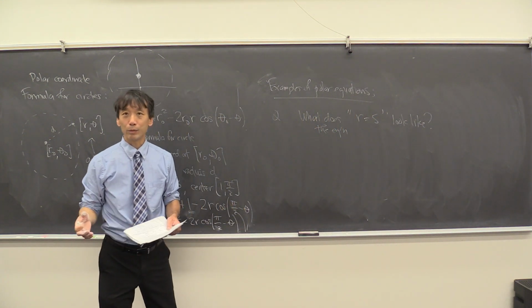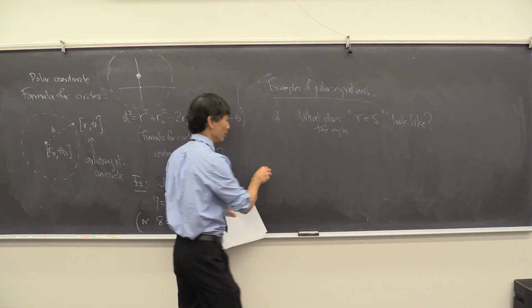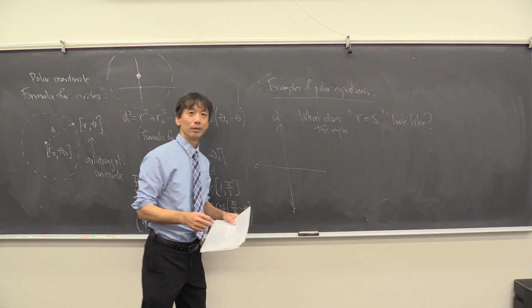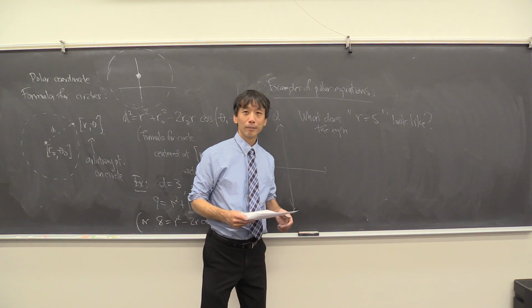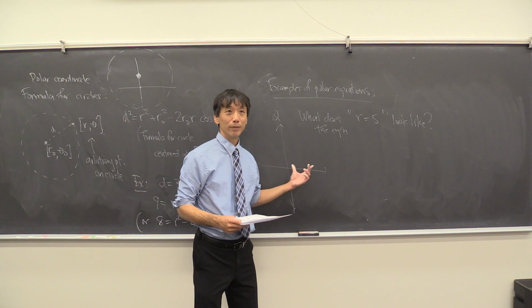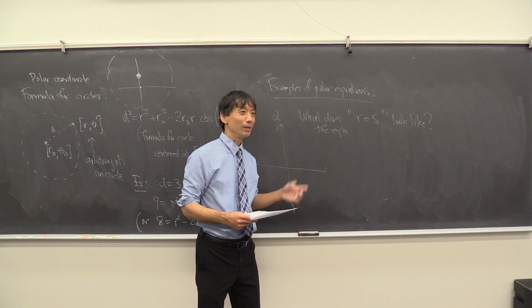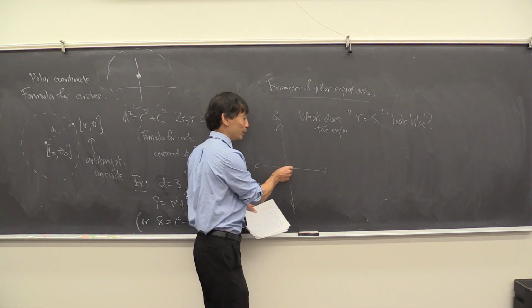If they say r equals 5, what kind of points represent that on the polar plane? What does this represent? Well, what kind of points have r equals 5? Stella? Would it maybe be like a circle with radius 5? Circle of radius 5, center at the origin, right?